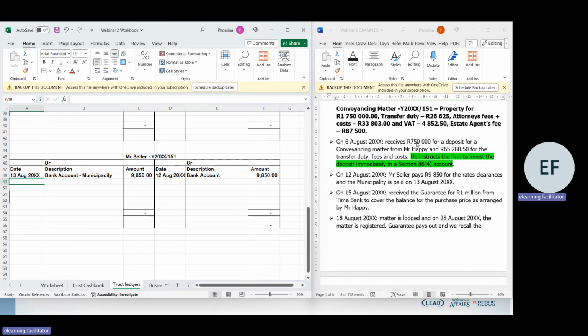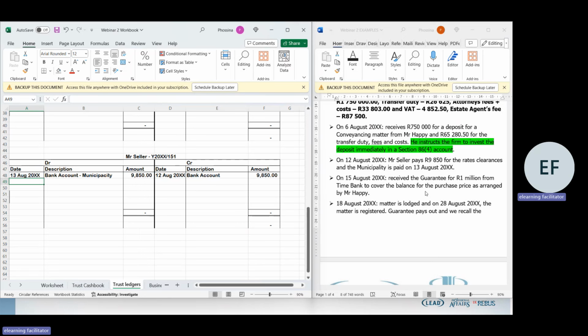I've got a deposit or I don't have a deposit. Depending on their agreement, the bank will issue guarantees to the conveyancer. In this case, our practice is a conveyancer, and we are issued with a guarantee for 1 million from Time Bank to cover the balance of the purchase price, arranged by Mr. Happy.